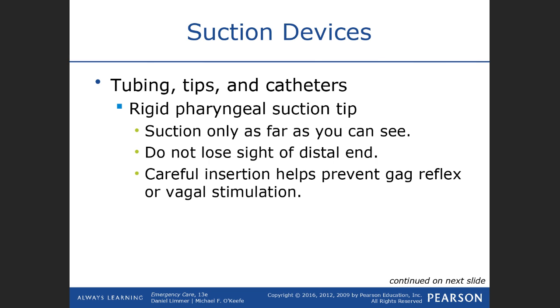So if you go too far down to the back of the throat, it can stimulate a gag reflex, or it can stimulate the vagus nerve, which is the 10th cranial nerve. This is a nerve that controls your heart rate. If the vagus nerve is stimulated, it will slow down the heart. That's not good for your patient, especially one that's not responding.